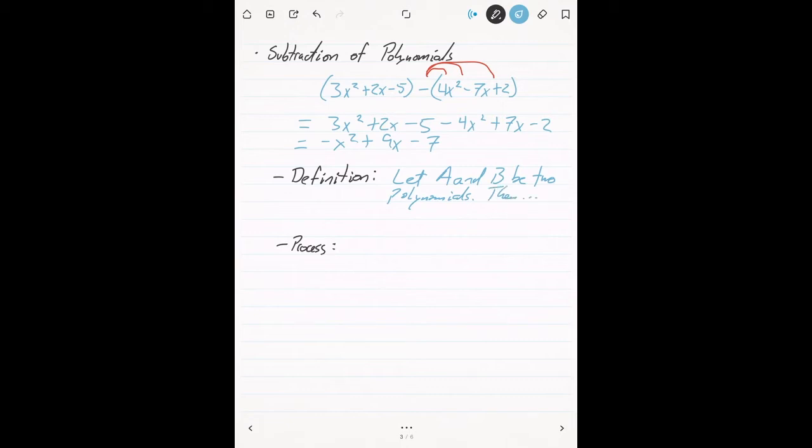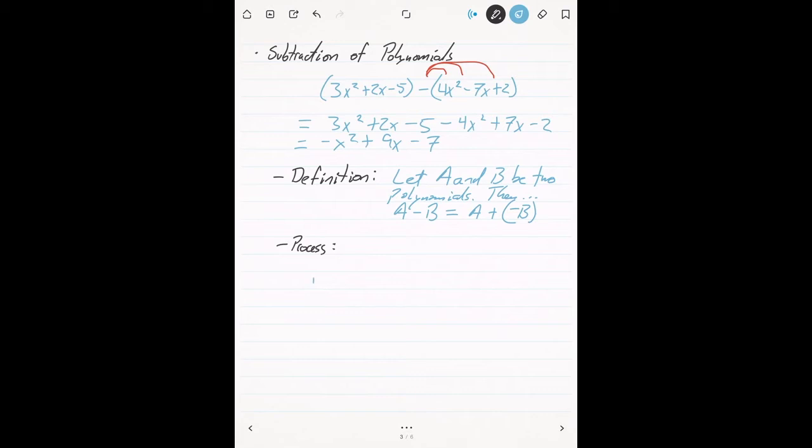Then A minus B is equal to A plus the opposite of B, when I make B negative. So this just goes to show that subtraction is the same thing as addition. You just have to distribute the negative first and then combine your like terms.